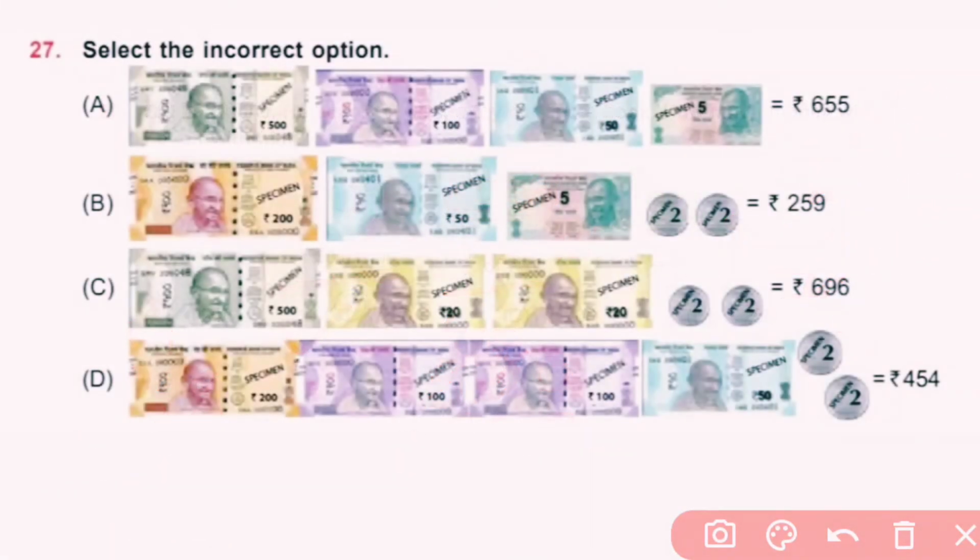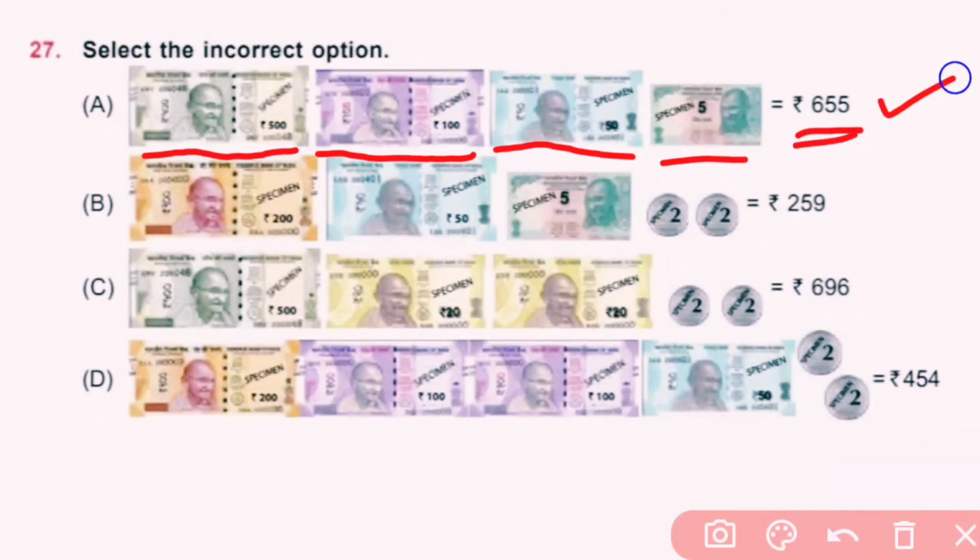Question number 27. Select the incorrect option. Option A. This 500, 500 plus 100, 600, 600 plus 50, 650, and this 5 means 655. So it is correct option. Here 200, 250, 250, 5, and this 2 is 259. So it is also correct option.